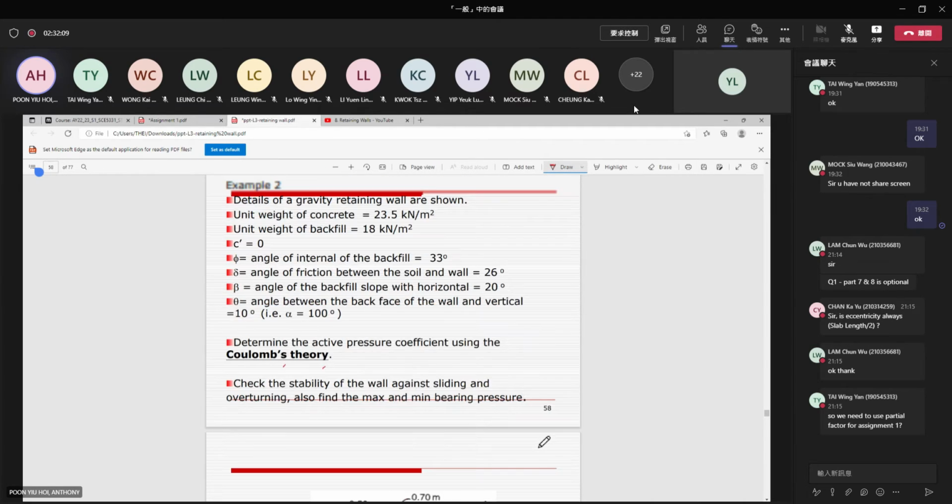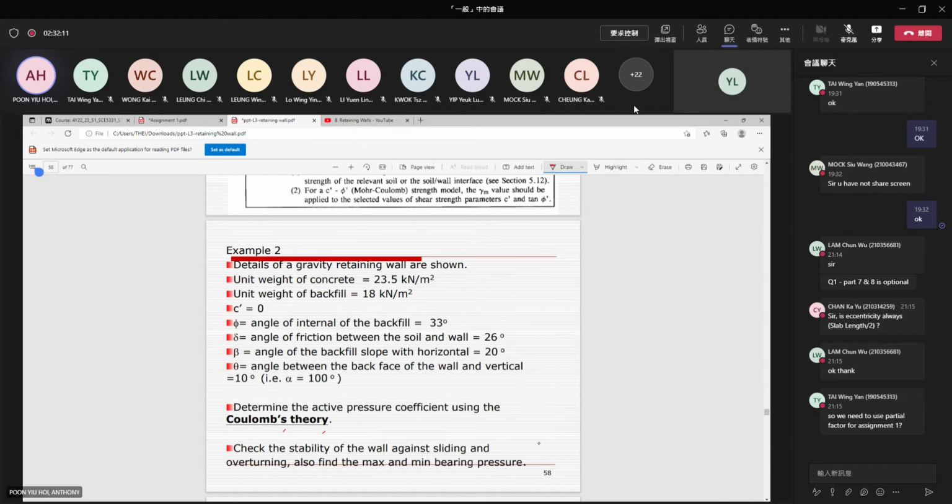Okay, so the weight of concrete is given, the weight of soil is given, and the angle of friction is given.